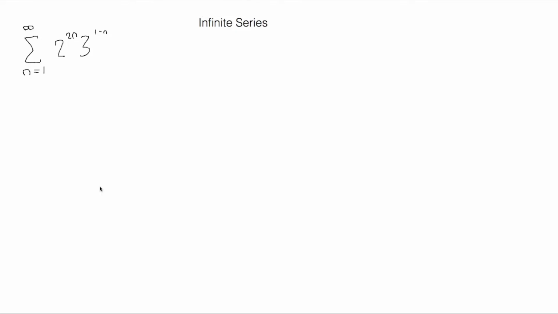Remember that in general, a geometric series looks something like this, where we have sigma, the sum going from n is 1 to infinity of a times r to the n minus 1. And that would get us a plus a times r plus a times r squared, and then it would just keep going on and on.